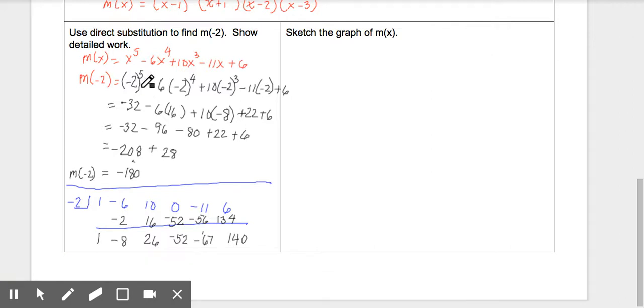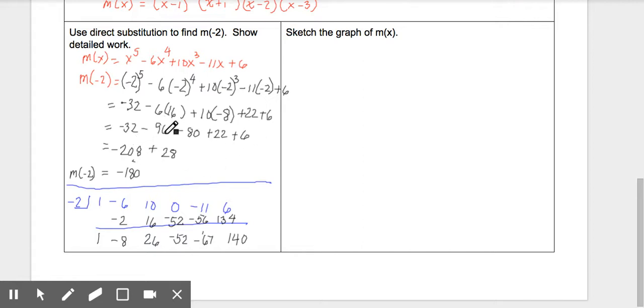Negative 2 to the 5th, negative 32. 16 times 6. 10 times negative 8. And negative 11 times 2, and then 6. So negative 32, 96, negative 80, positive 22, and positive 6.